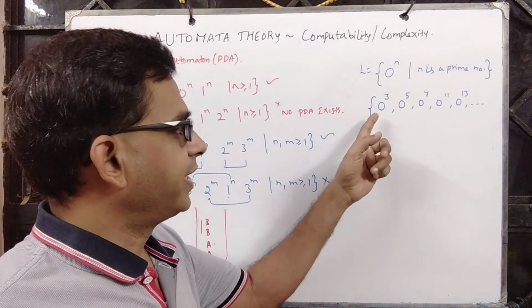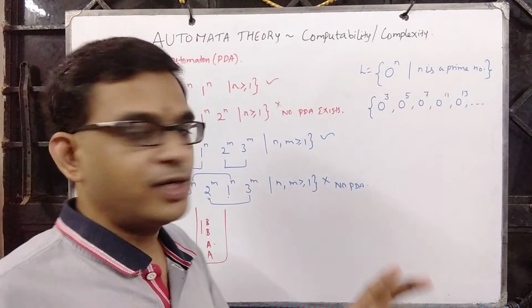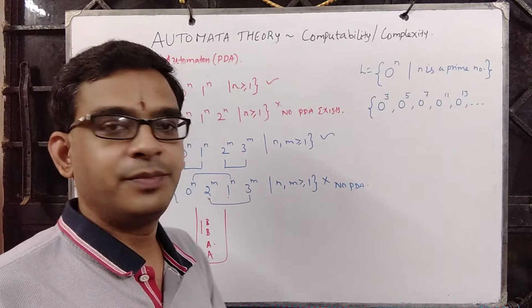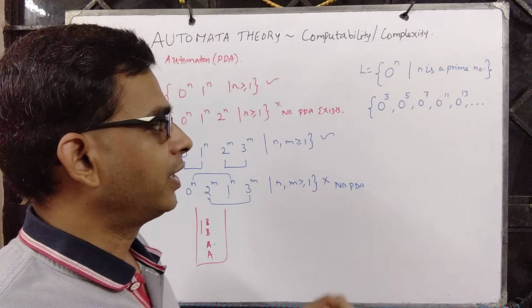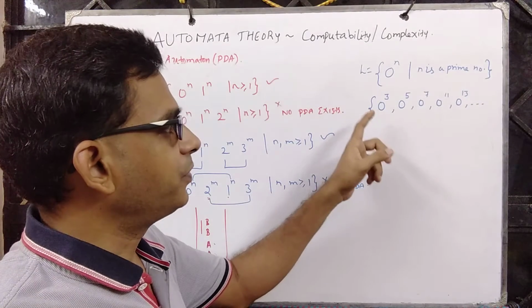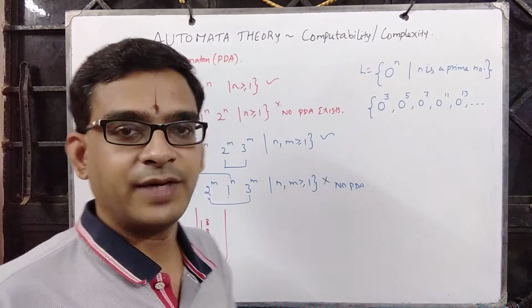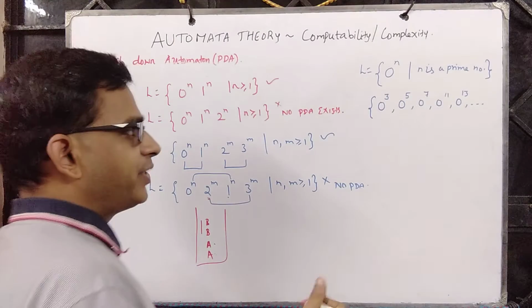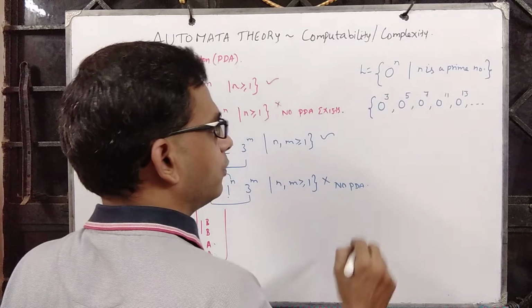Remember, it can scan and somehow remember the number of zeros read through a symbol or set of symbols stored in the stack. But the machine cannot tell you whether it is 3 zeros or 5 zeros or 7 zeros or 11 zeros and so on. So any computation of this type, a PDA cannot do.